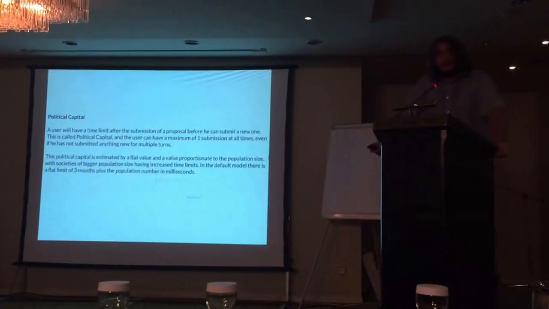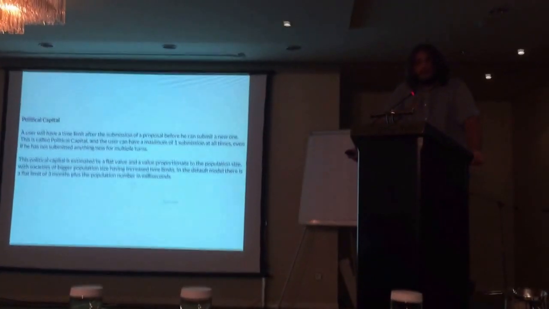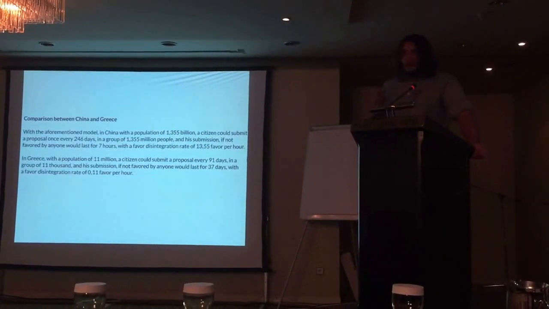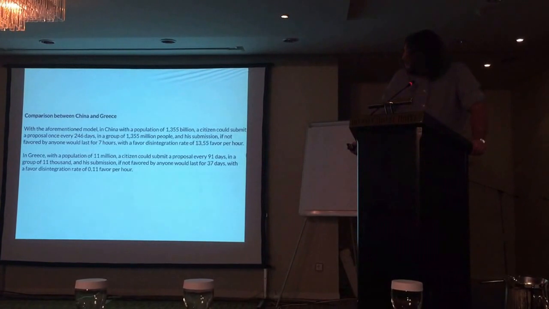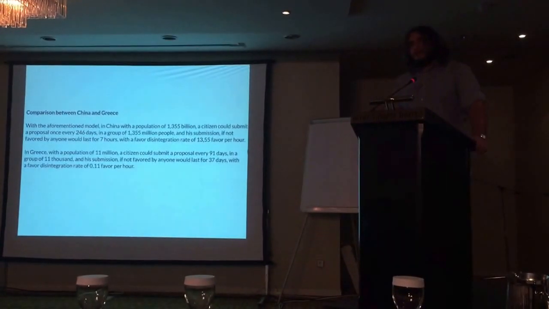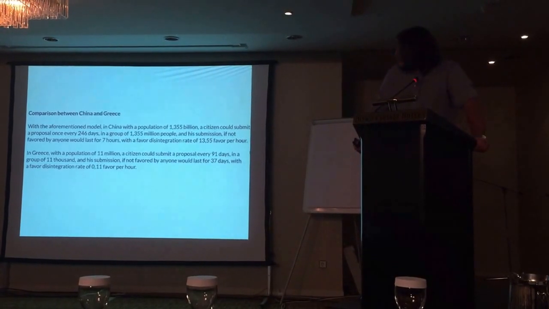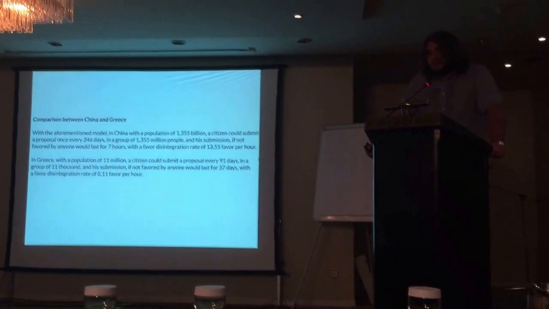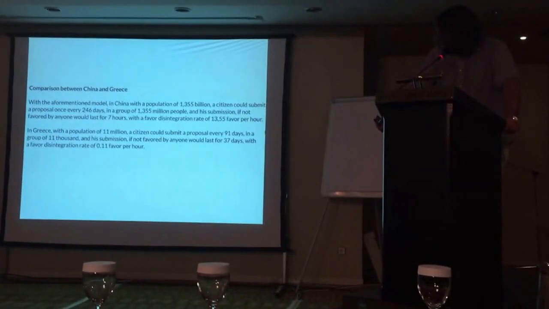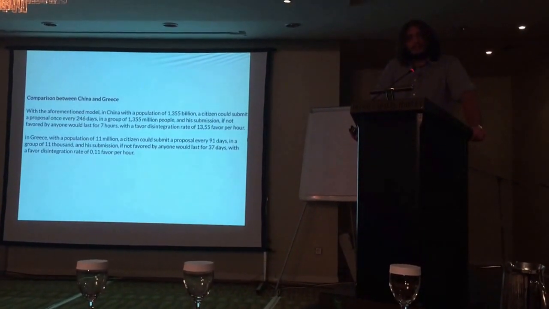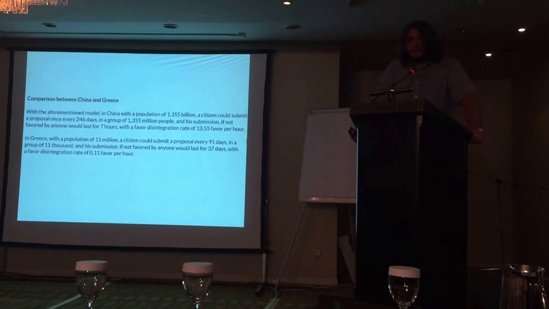All the values in those 3 systems are proportionate to the population size. To have an example, with those 3 systems, in China, with a population of 1.3 billion, a user could submit a proposal once every 246 days in a group of 1.3 million people, and his submission, if not favored by anyone, would last for 7 hours before removal.